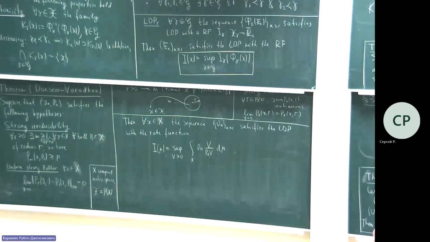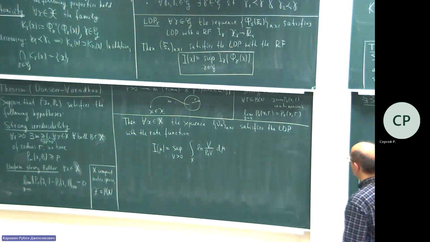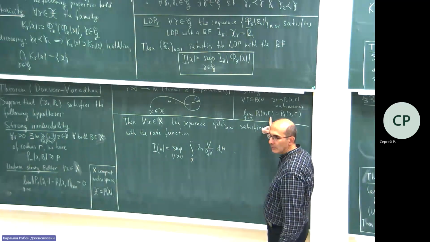So we have something like 5 minutes left, maybe more. Let's discuss: who is P1? P1 is the time-one transition function.